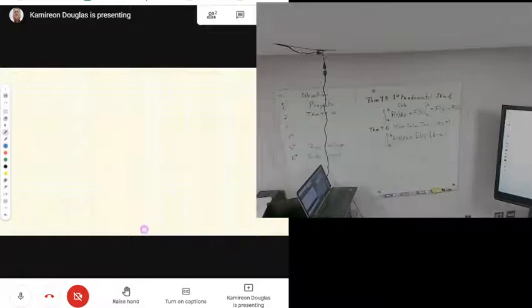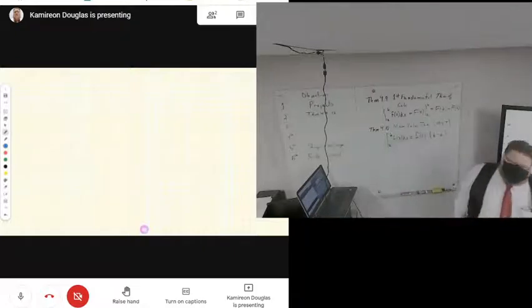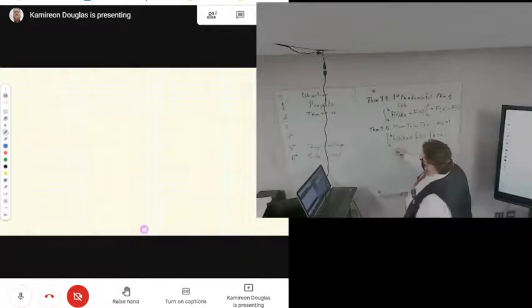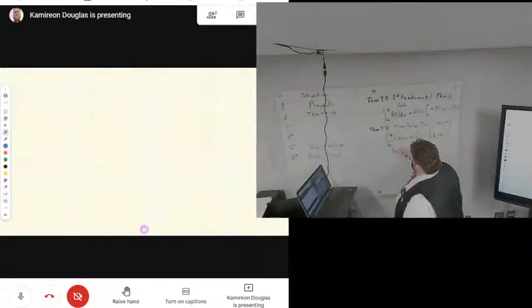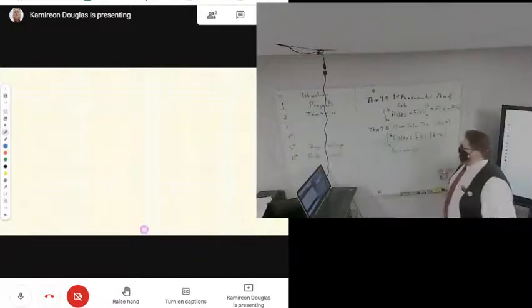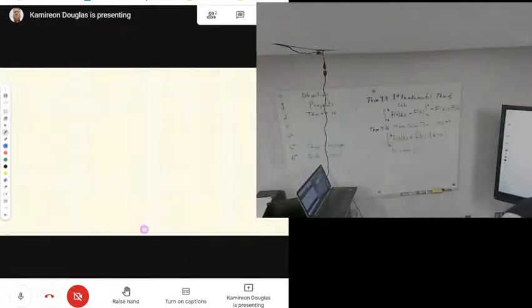Now, what does this tell us about the mean value theorem? Let's remind ourselves. This supposes or proves the existence of some value c such that this is true. Let's remind ourselves what each of these components means.